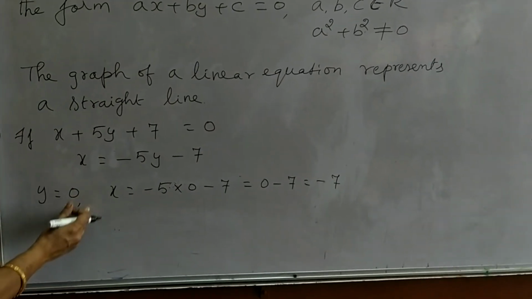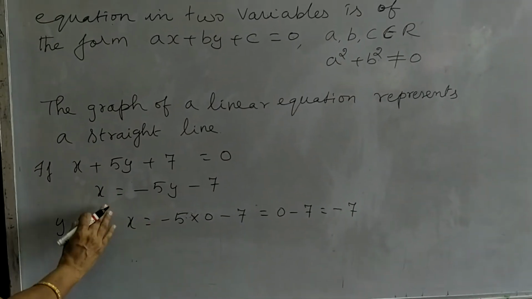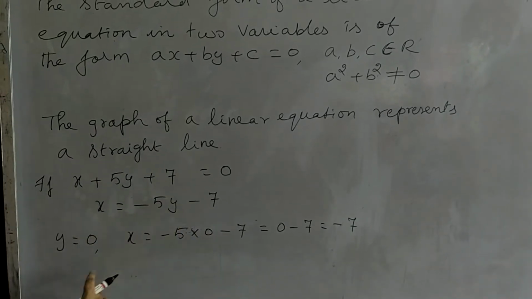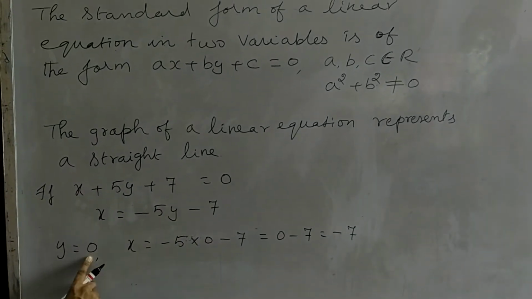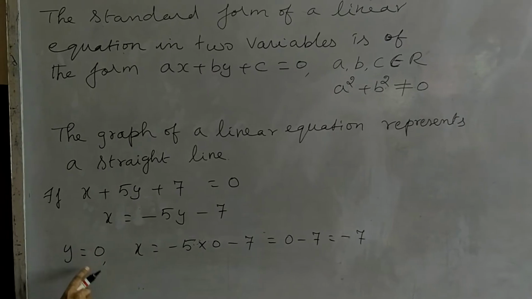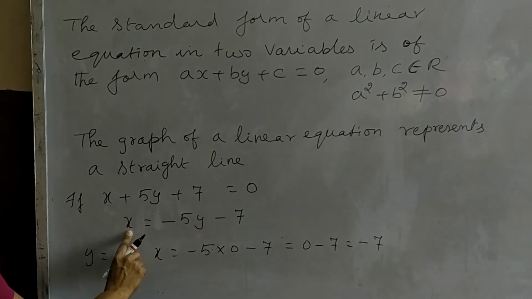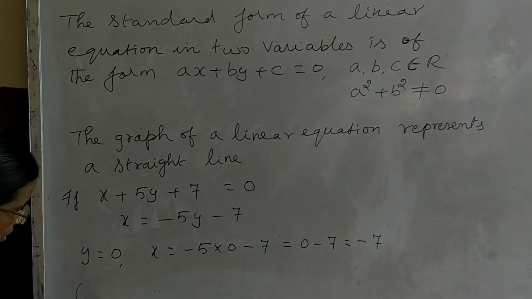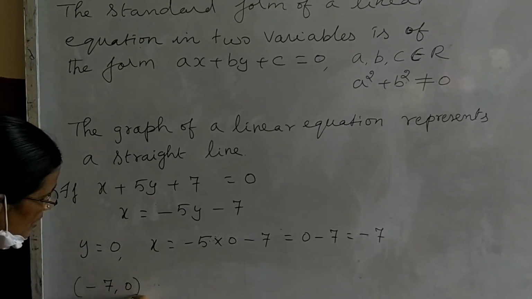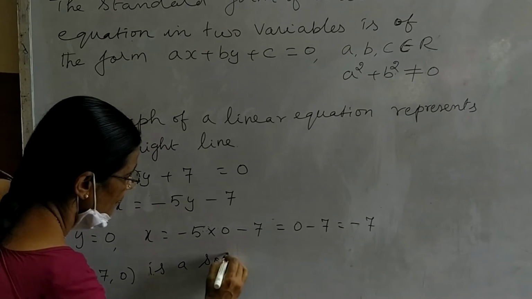Like that we can find any number of solutions for the given linear equation. First I have taken y equal to 0. We can take any value for y, and the corresponding value of x can be calculated. So here (-7, 0) is a solution.